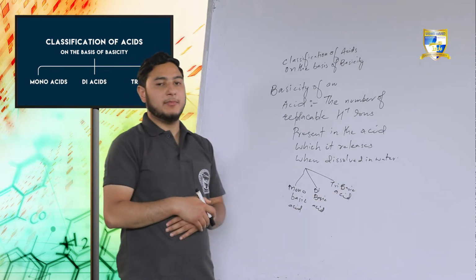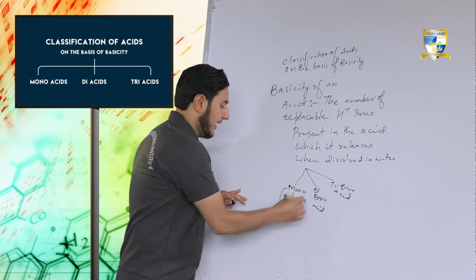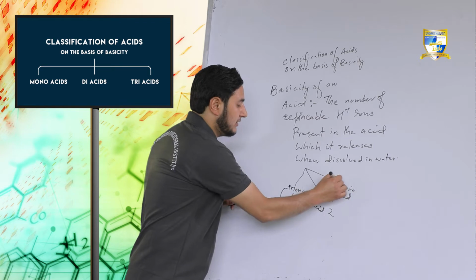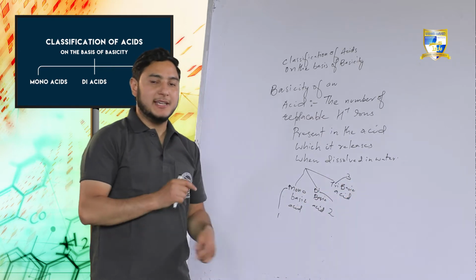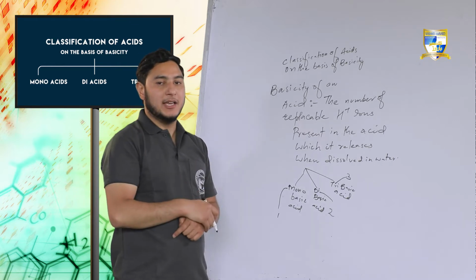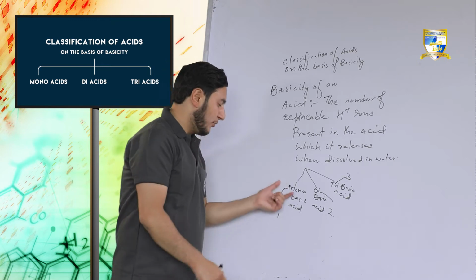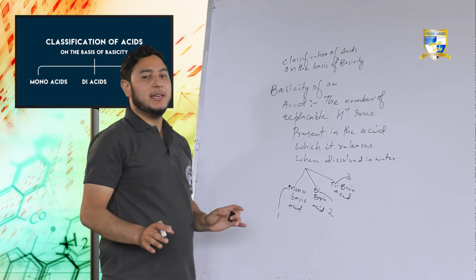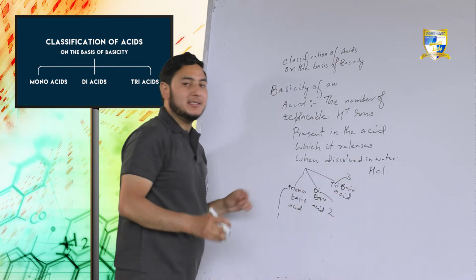Now what do we mean by monobasic acid? By mono we mean one, by di we mean two, and by tri we mean three. When the number of replaceable H positive ions present in the acid is 1, those acids are called monobasic acids, HCl being the best example.